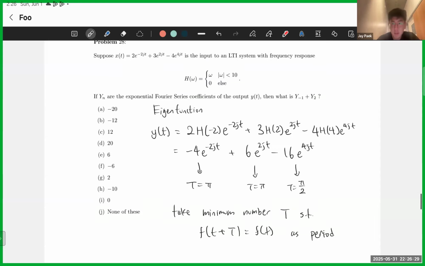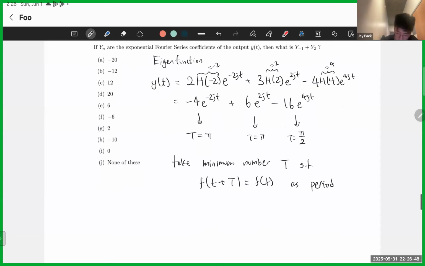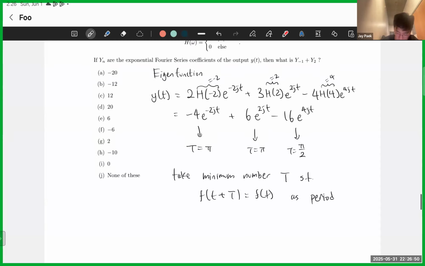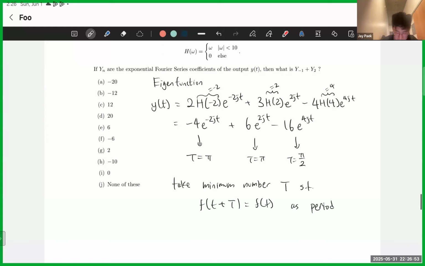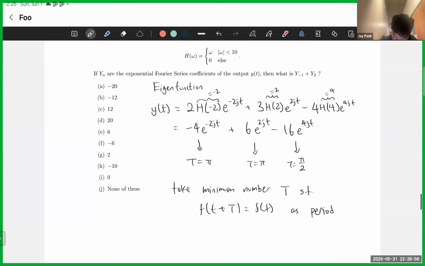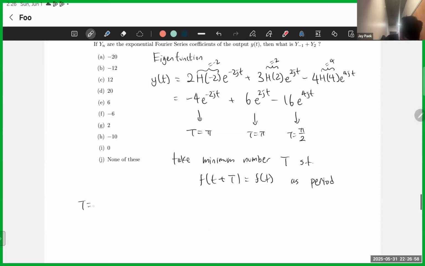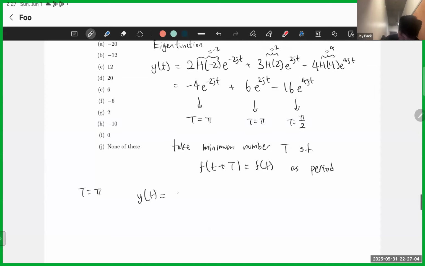Oh, it's because h of negative 2 is equal to 2. I'm sorry, h of negative 2 is equal to negative 2. And so because we say the period is pi, then if T equals pi, then y of t is equal to, obviously it's a Fourier series, right?